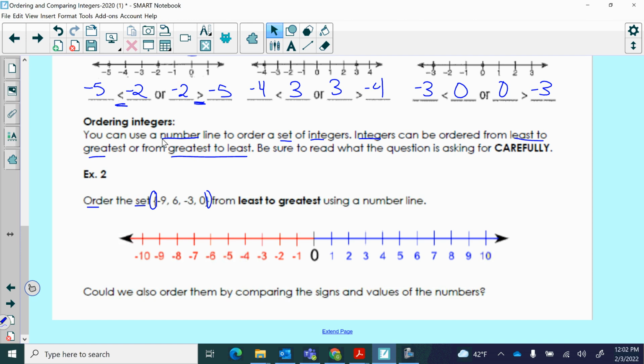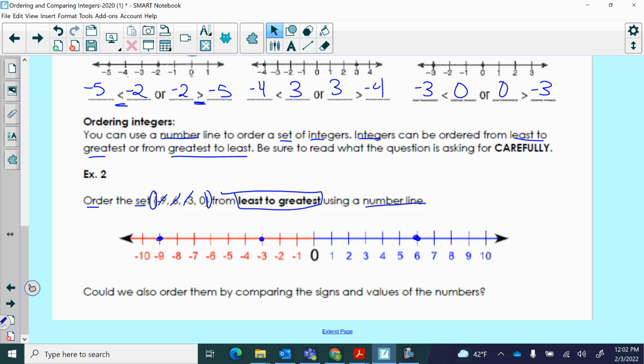So it's saying, with these 4 numbers, I need to order them from least to greatest using a number line. So the number line will help you do this. The best way to do it, I just go through it, I put the numbers on the number line. So the first one, -9, I put a dot. I cross it out lightly to make sure that I get it done. 6, I put a dot.